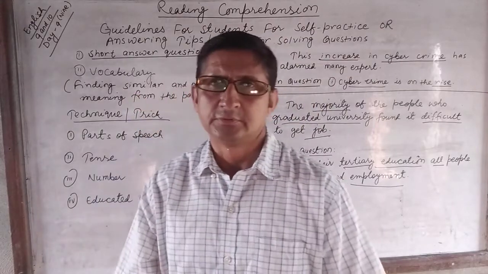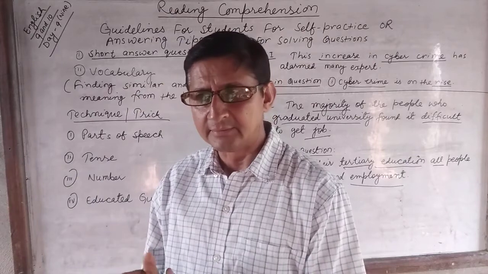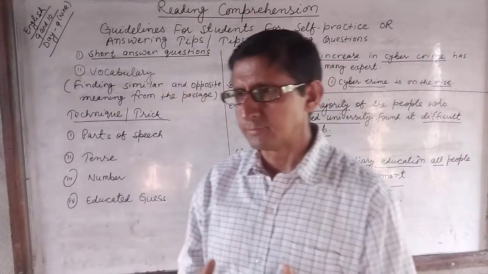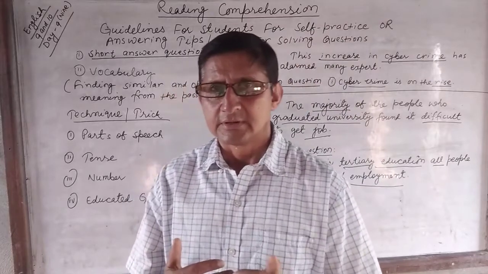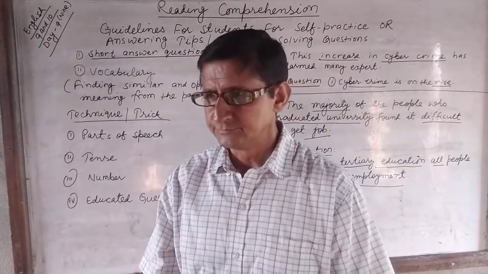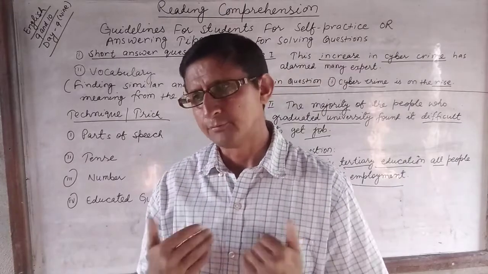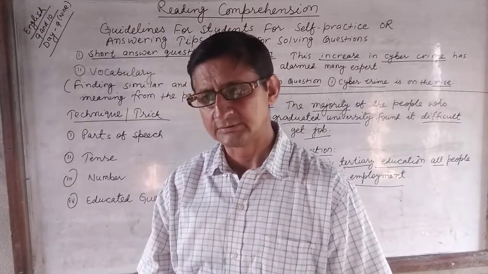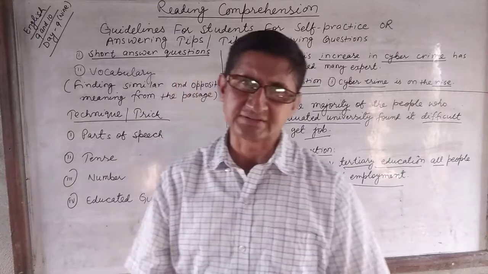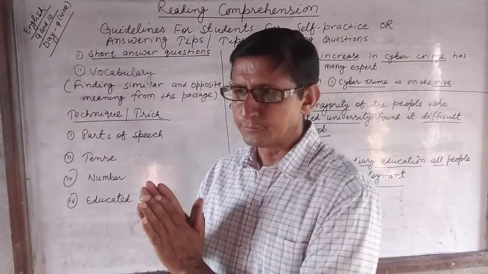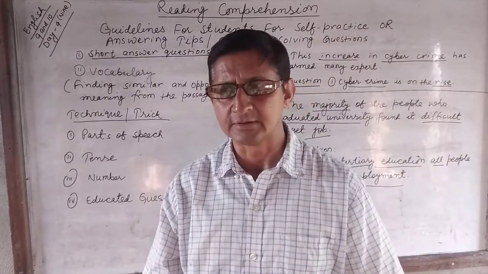For how, manner. For which question, you have to find out definite person or things. If the question starts with how old, you have to find out age of somebody or something.